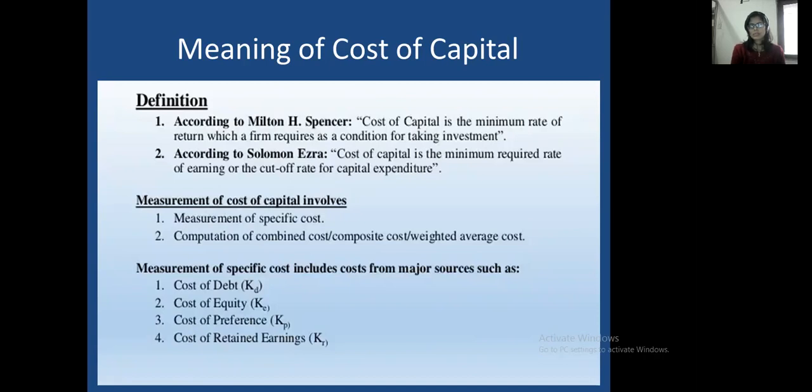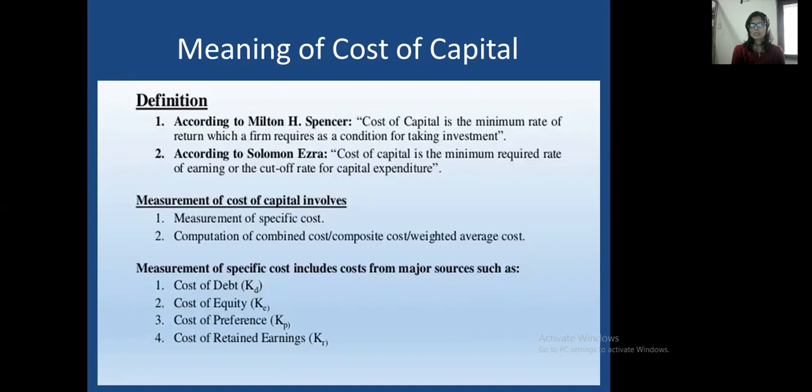So, measurement of cost of capital involves measurement of a specific cost, and second is computation of combined cost or composite cost. In other words, we can say the weighted average cost. Measurement of a specific cost includes cost from major sources: cost of debt, cost of equity, cost of preference, cost of retained earnings.